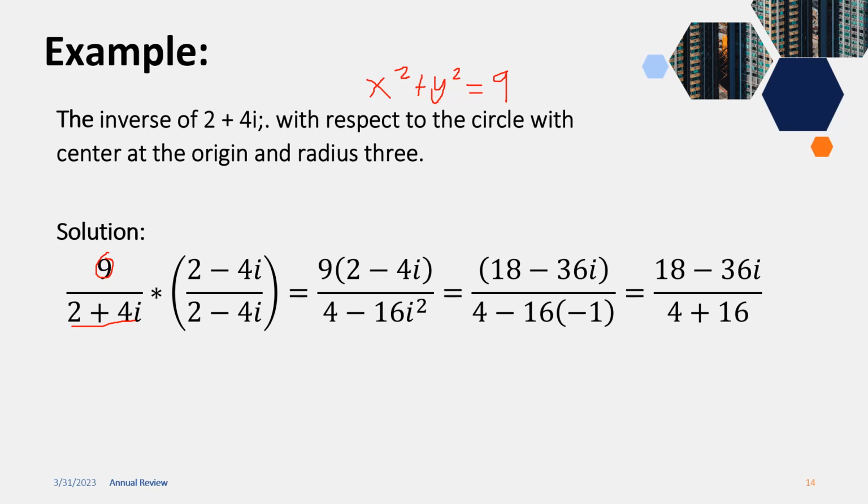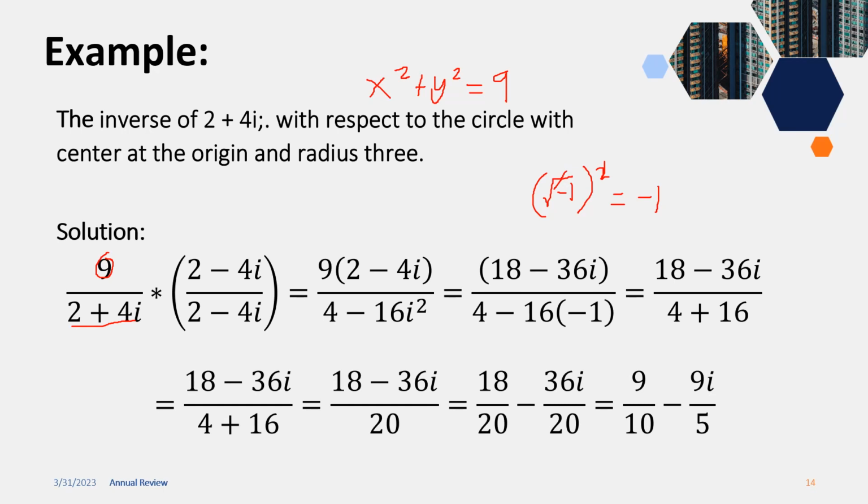As we all know, i squared is equal to negative 1 because the square root of negative 1 raised to 2 is equal to negative 1. All we need to do is to cancel out the squared and the squared. If we simplify, we have the value of 18 minus 36i all over 4 plus 16.